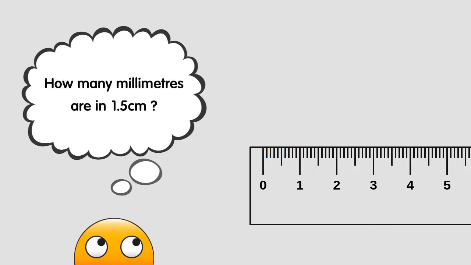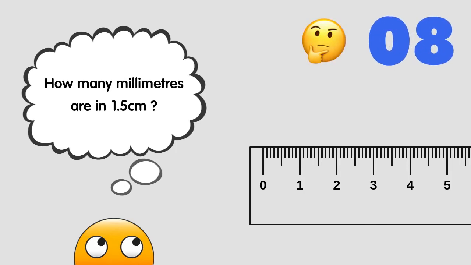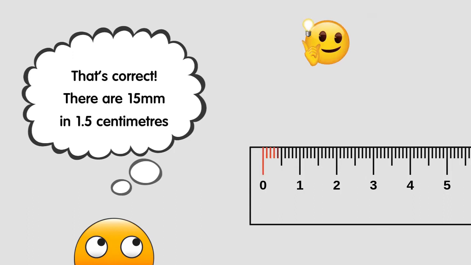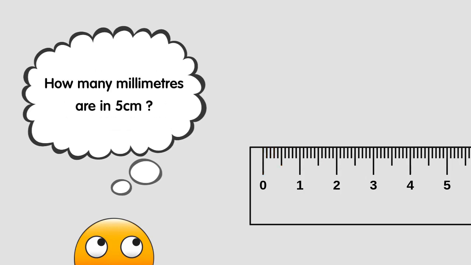How many millimeters are in 1.5 centimeters? That's correct. There are 15 millimeters in 1.5 centimeters. How many millimeters are in 5 centimeters?